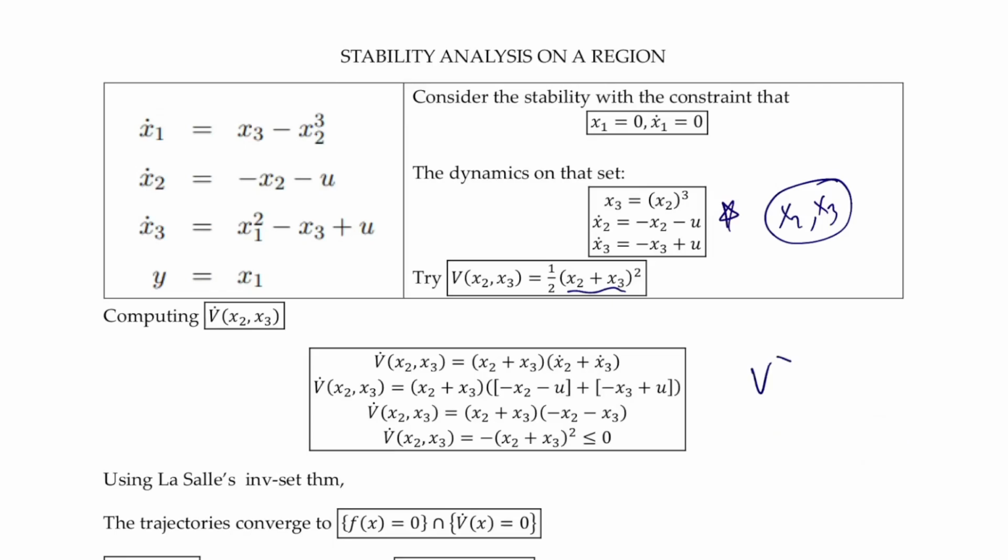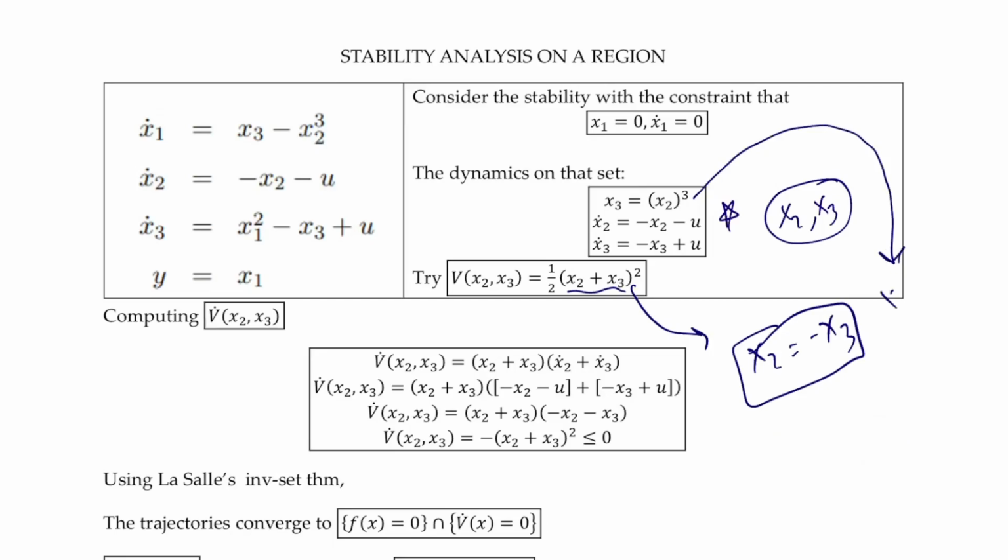These are the stability requirements. The only way this is 0 is this. But we also have this, due to the differential algebraic equality constraints, right?